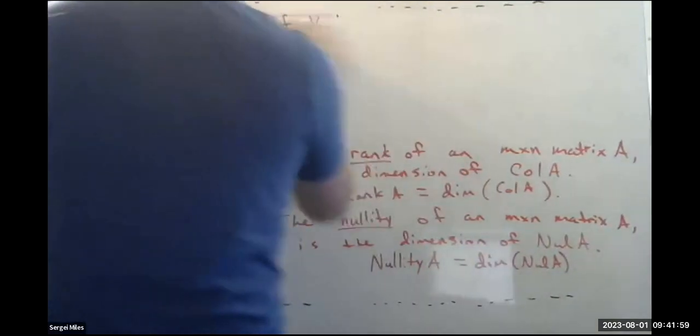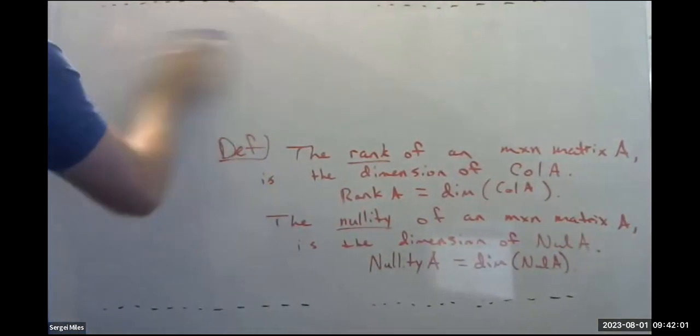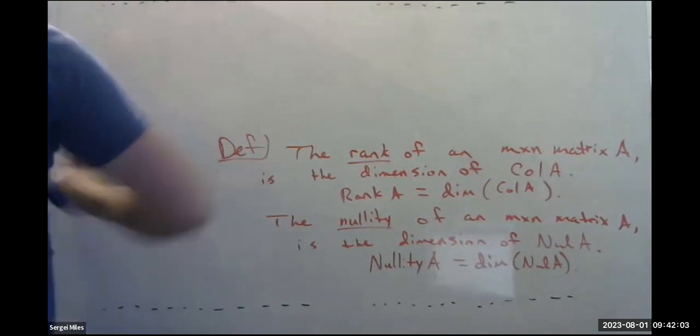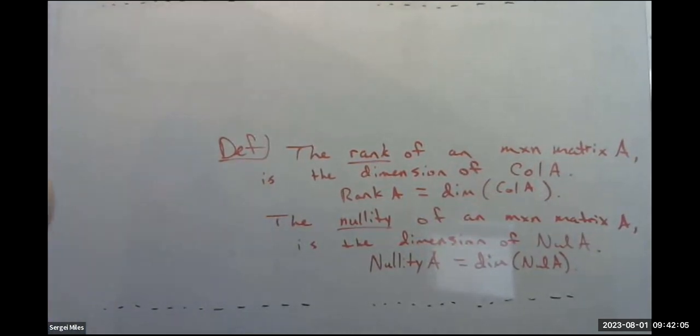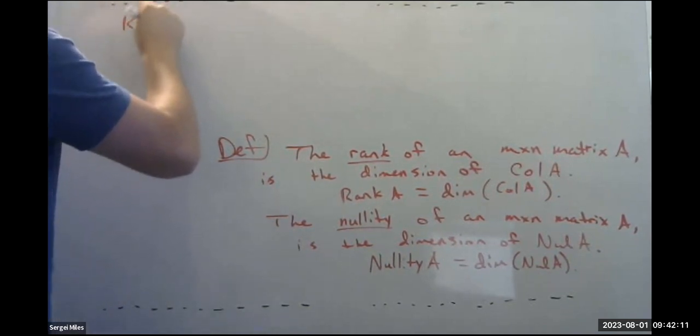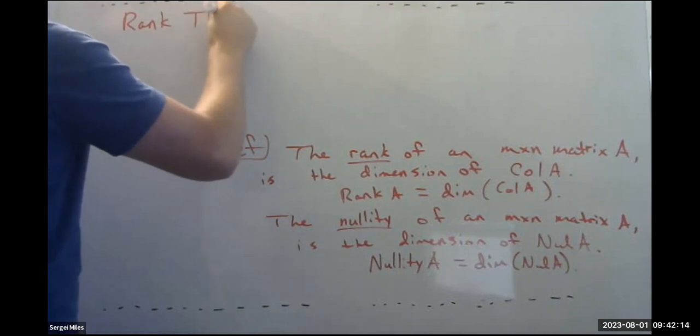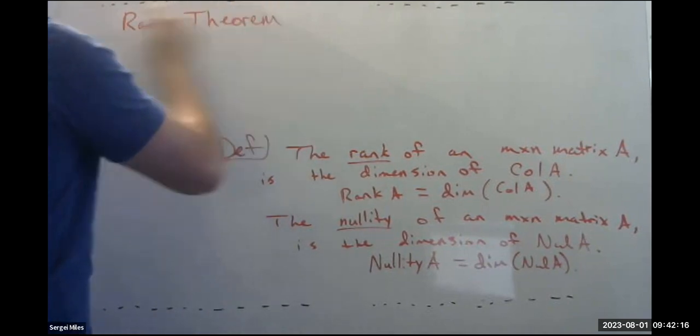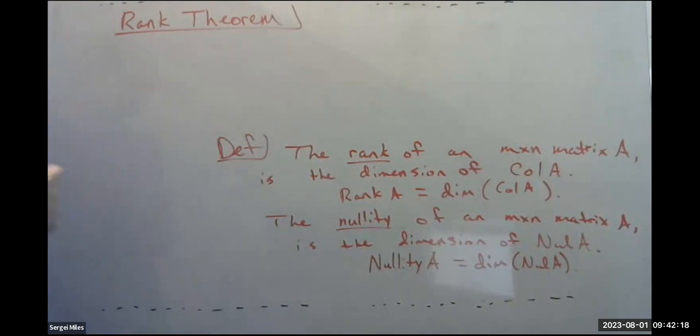Okay? So next, this does give rise to a very handy-dandy theorem, which we're going to use pretty much for the rest of the class, for the rest of this summer session. And this is called the rank theorem. All right, what does this say?